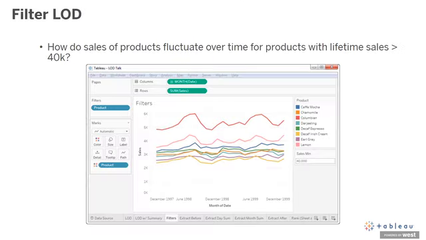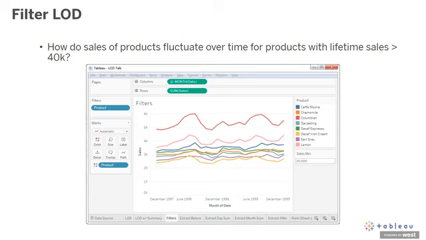So, for example, how do sales of products fluctuate over time for products with lifetime sales of more than $40,000? What happens is that we take all the products and compute their total sales over all time, and we say only keep the products that sold more than $40,000 over all time.